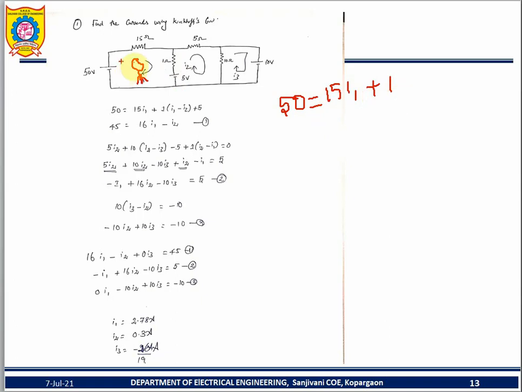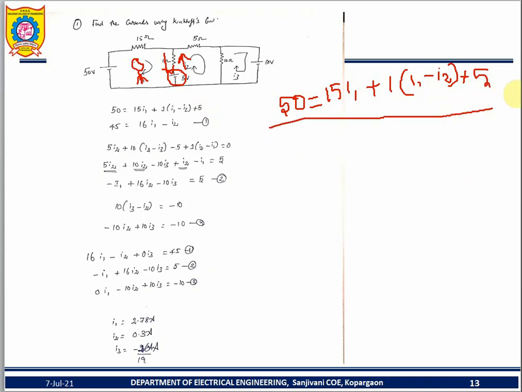So 1 into, it's common between these two. Open the bracket. This is my flow direction, and this is the opposite direction. So I'm standing here: I1 minus I2. I'm entering the source at the plus terminal, so the plus terminal means you write plus 5.